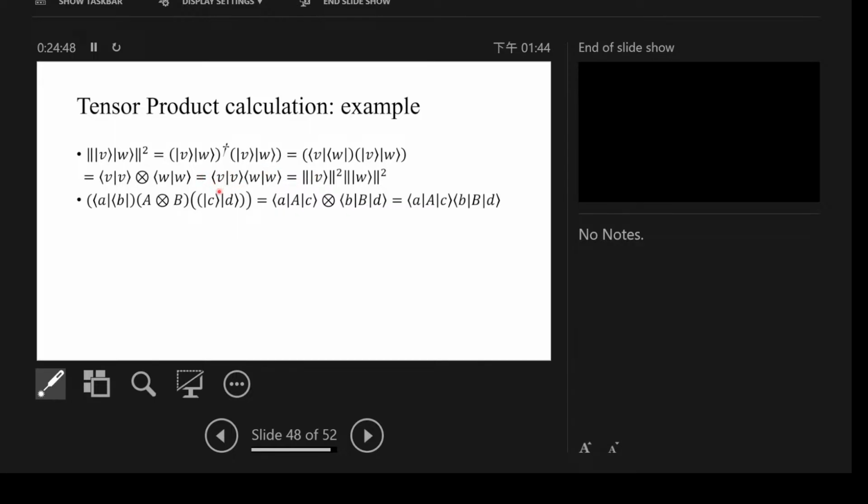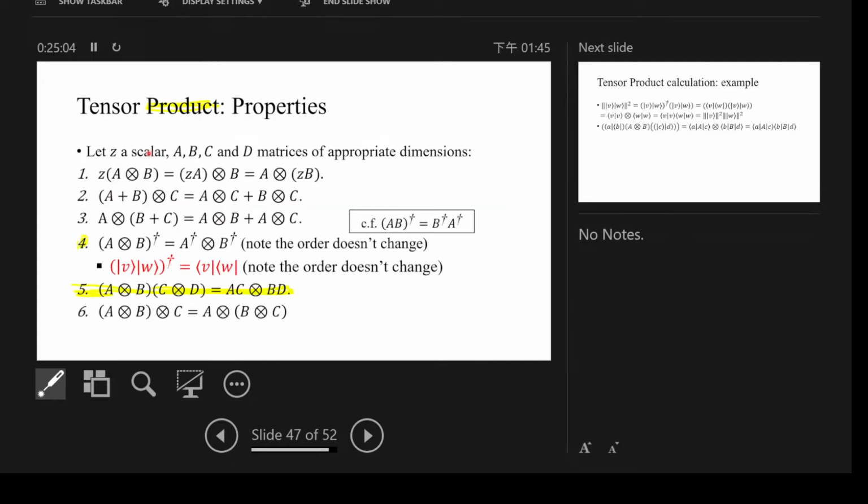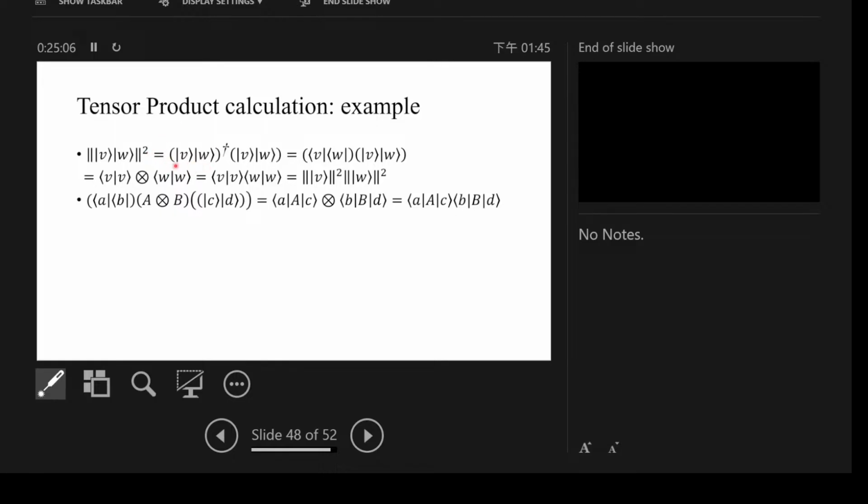So we just have V inner product with itself times W inner product with itself, and we see that it's the norm squared of V times the norm squared of W. So this is also a nice property you can derive from tensor product, and you see that this dual notation gives us a nice definition of the length of the V ket tensor W ket. So the length is just the length of V times the length of W. Okay, so that's the last page of this slide.